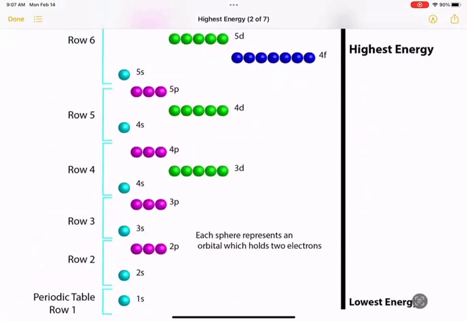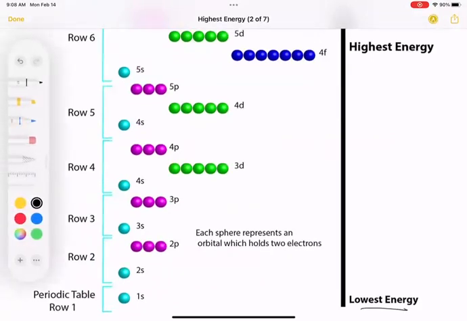So you have your 1s, which is still the lowest in energy, followed by the 2s. But again, because we start dealing with a multi-electron system, the 2p is higher in energy than the 2s. Then you have the 3s, and the 3p is higher in energy than the 4s.